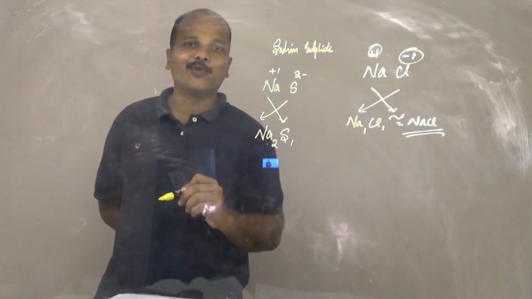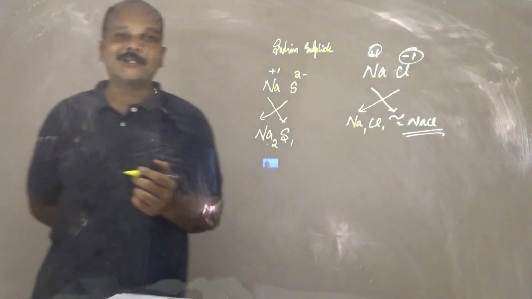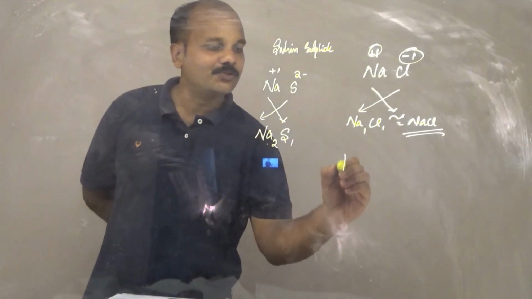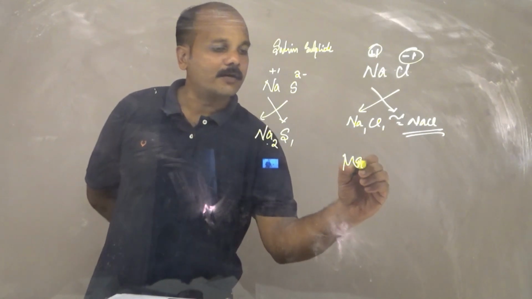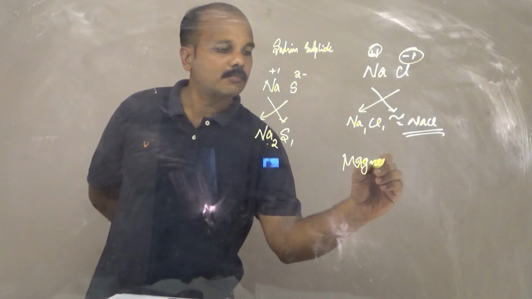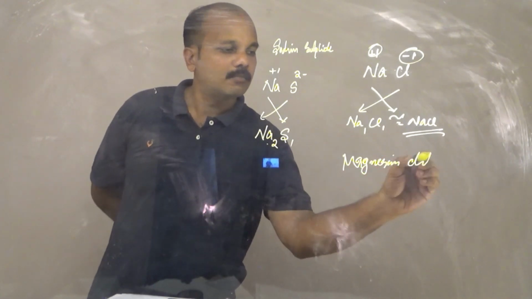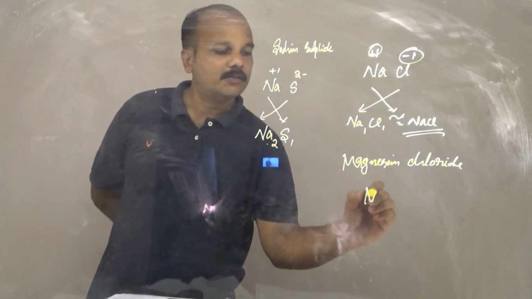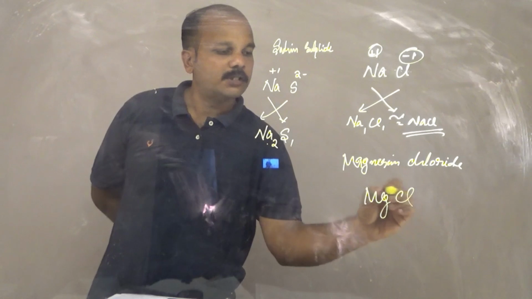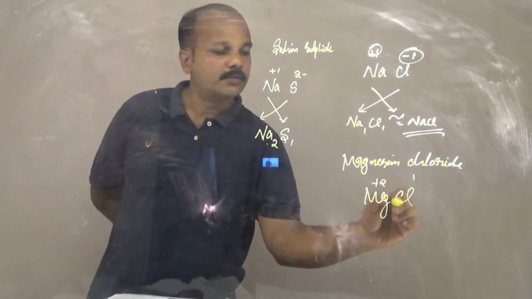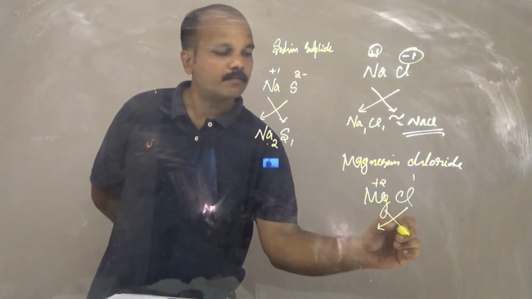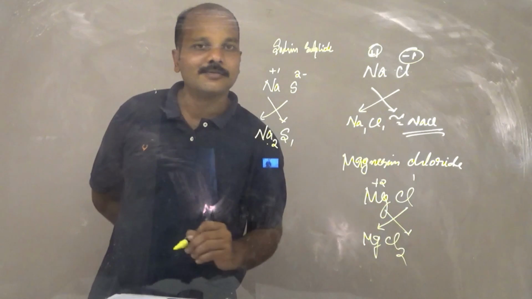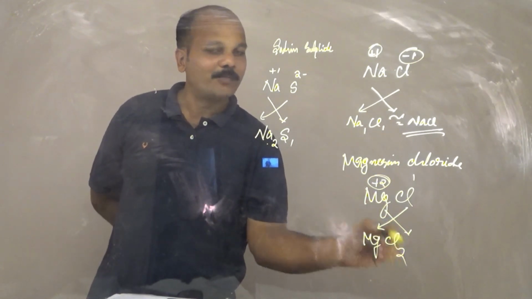So it is Na2S. Now take magnesium chloride. Mg is +2 and chlorine is -1, so MgCl twice. The 2 is supposed to come below chlorine, in a diagonal form.